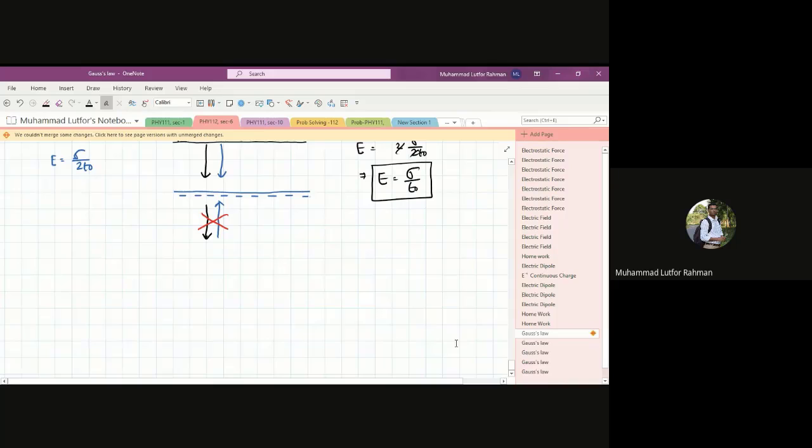Now think about what will happen if both plates of my parallel plate capacitor are positive, or both are negative. Look at this, if you draw the electric field for this positive one in that direction, this would be towards that direction.